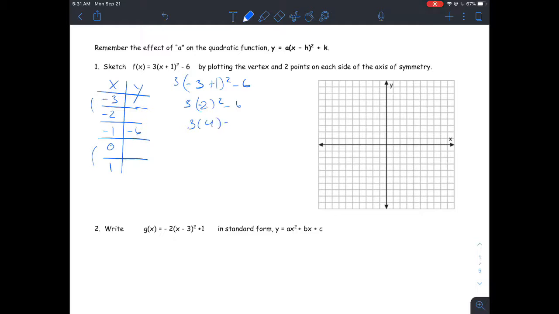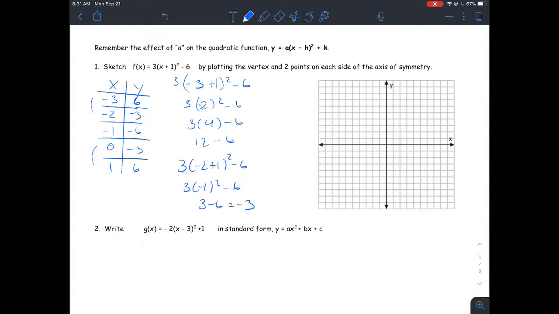You end up with 3 times 4 minus 6, which is 12 minus 6, which is going to give us a positive 6. Then we'll go ahead and do -2. So we get 3 times -1 squared. We get 3 minus 6, which is going to give us a -3.